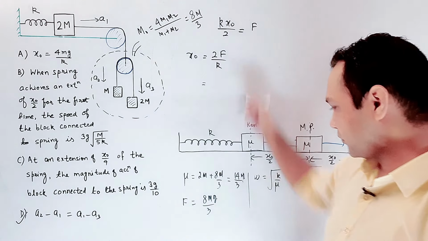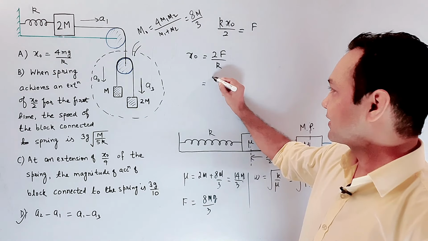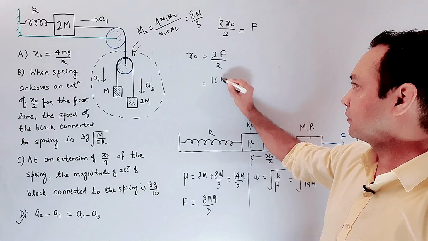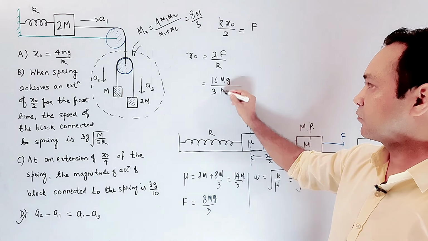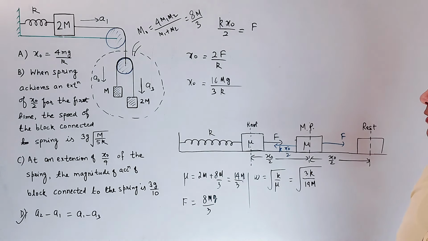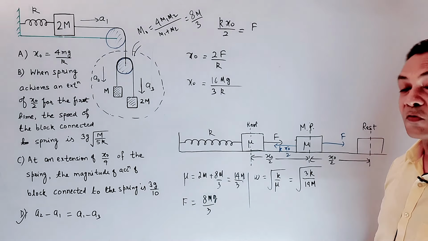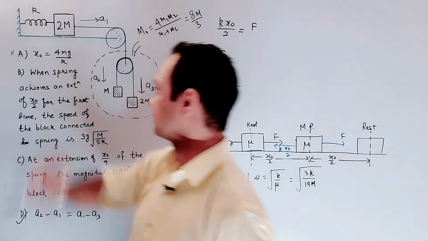So let me put these values. So 2F would be 16 mg by 3, and there is a K. So that is the maximum elongation, and the option A is saying that maximum elongation is 4 mg by K. So this is the incorrect option.